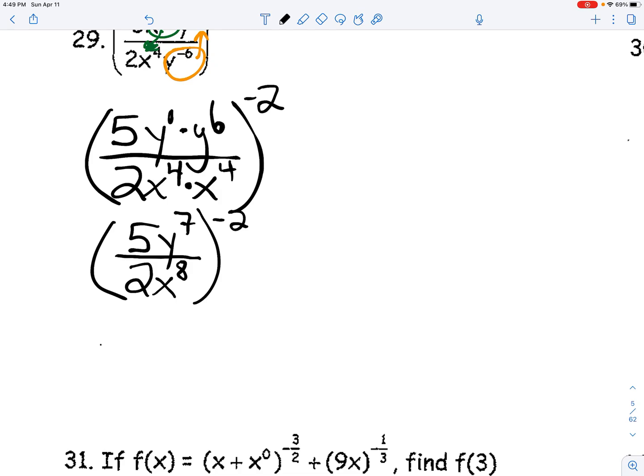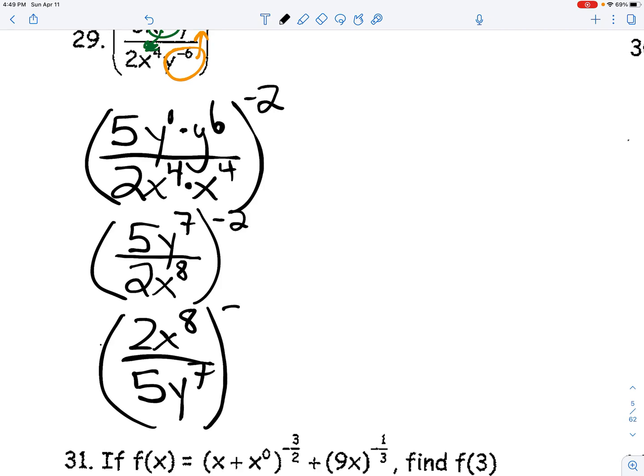And now, like I said, I'm going to go after the -2 exponent by flipping the fraction. So 2x to the 8th over 5y to the 7th will change the -2 now to a +2.